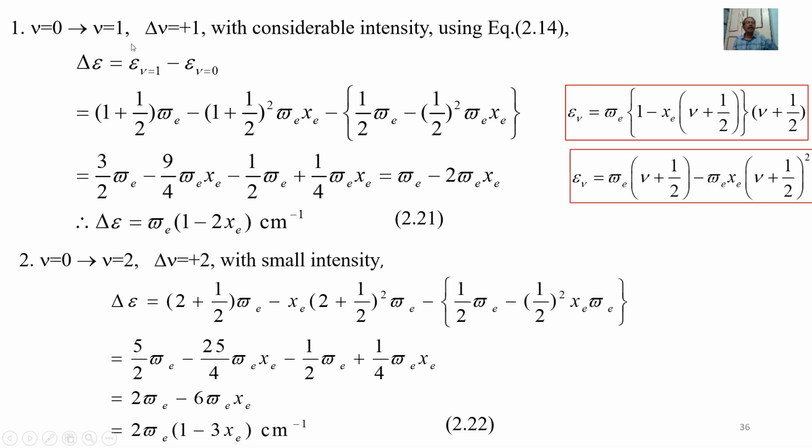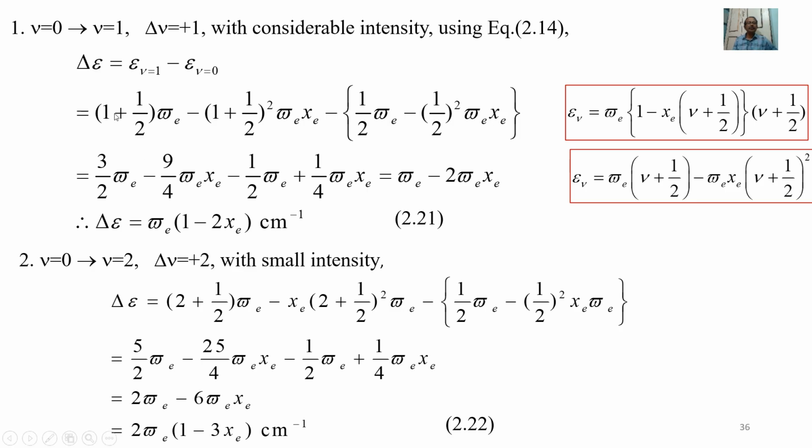For the first transition, that is nu equals 0 to nu equals 1, you substitute first nu equal to 1 here and here also nu equal to 1, and that is for this value. Then substitute nu equal to 0 here and nu equal to 0 here, and that is the second term. So now nu equals 1: this becomes 1 plus 1 by 2, which as it is a number we have brought to the front.